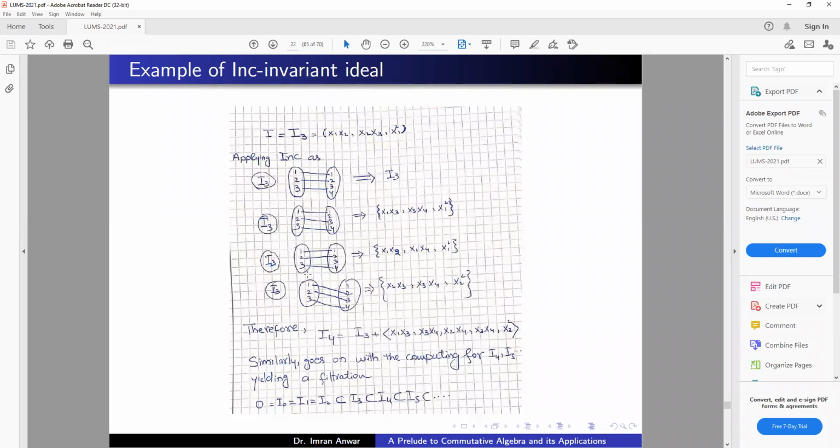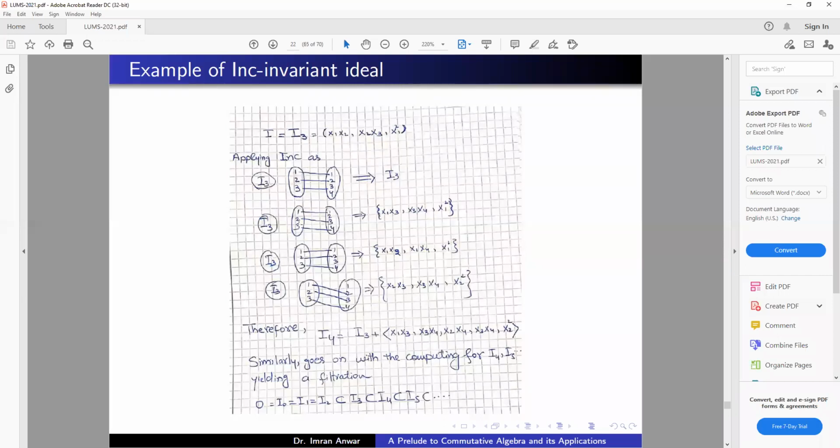Similarly, there is another: 1 and 2 are fixed, but 3 sends to 4. Similarly, if I move 1 to 2, then 2 has to go to 3 and 3 has to go to 4. And under this particular setting, when I apply this particular operator on I3, this is the identity sort of operator, so it gives me I3 back.